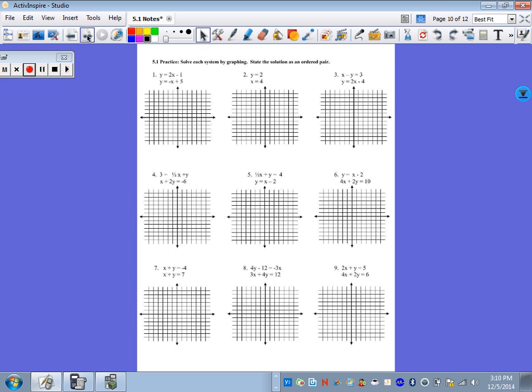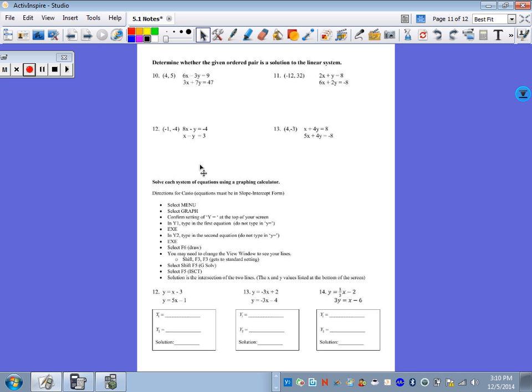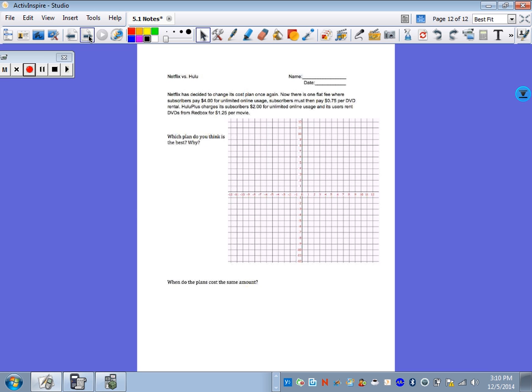And so you see on the next page, this is just homework. So all you're going to do is graph them, show me the graph, and show me the ordered pairs. Again, these directions are for a Casio, but I've walked TI people through that, so you guys can see that. And then you have a word problem that you're to graph and see where they come out the same.